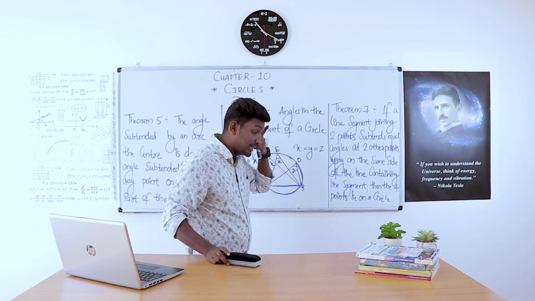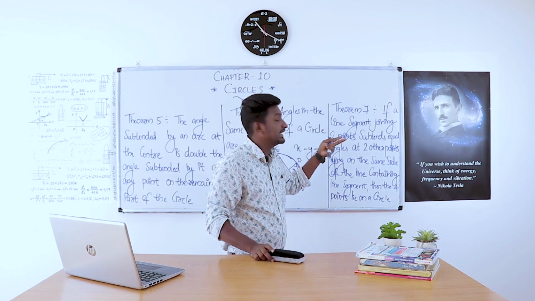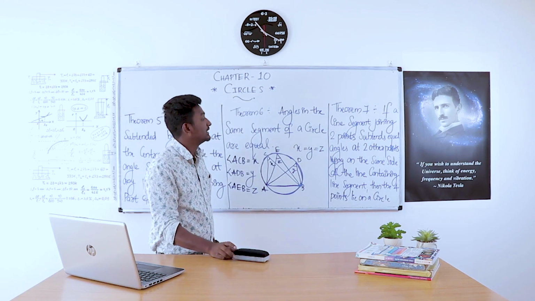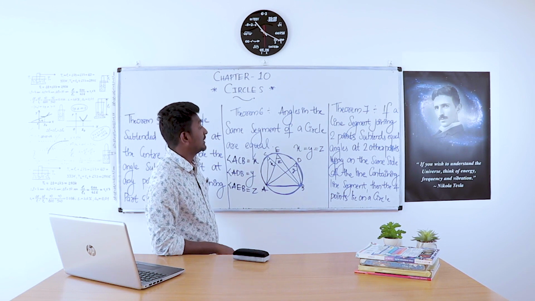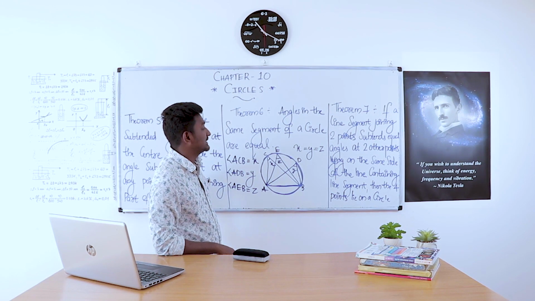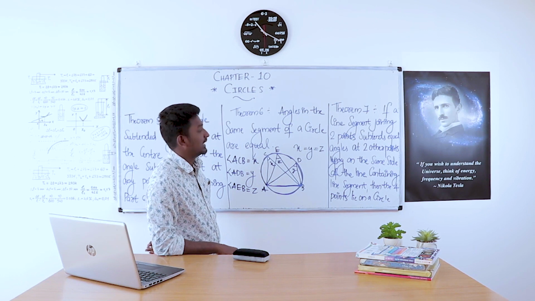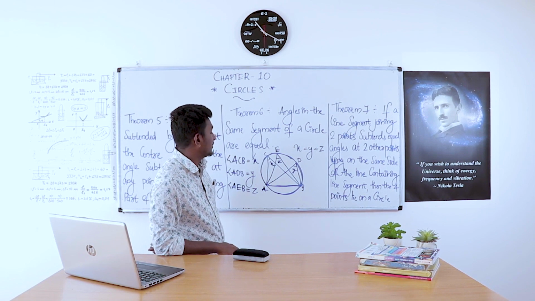Next theorem related to angles and segments. What is it? If a line segment joining 2 points subtends equal angles at 2 other points lying on the same side, containing the same line segment, then the 4 points lie on a circle.